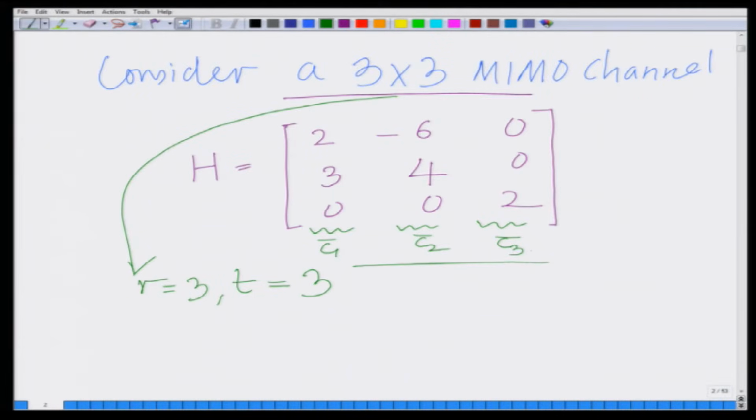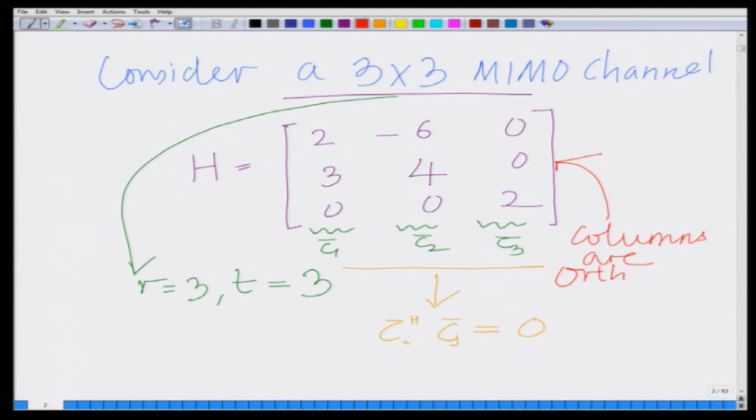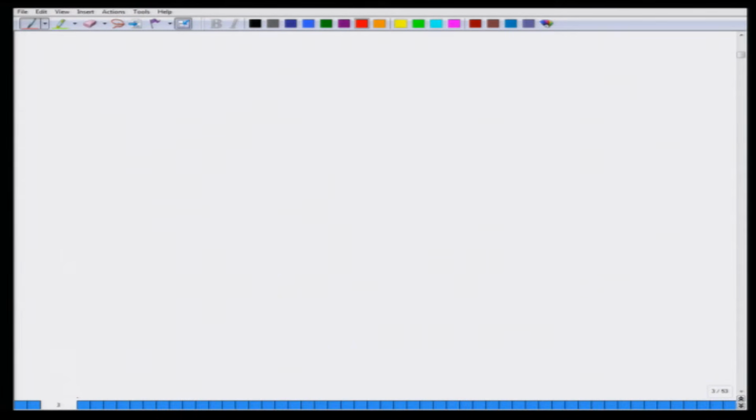So, if I take any 2 columns, I will have Ci bar Hermitian Cj bar equal to 0, that is the columns are orthogonal. For instance, let us look at C1 bar and C2 bar.